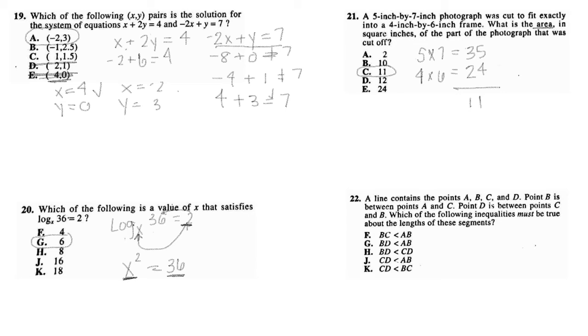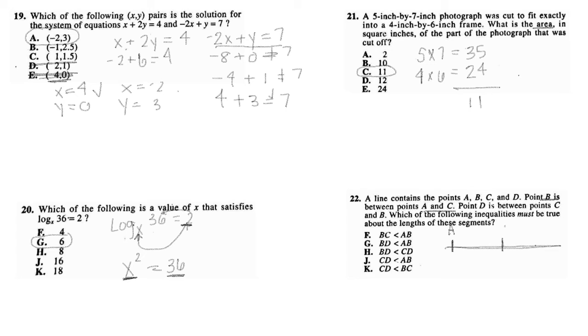Okay, now let's look at 22. And it looks like for 22, we might have to draw a picture. So let's see. A line contains points A, B, C, and D. So I'm just going to draw a good old line here. Point B is between points A and C, and D is between points C and B. So point B is between A and C. So I say A is here.